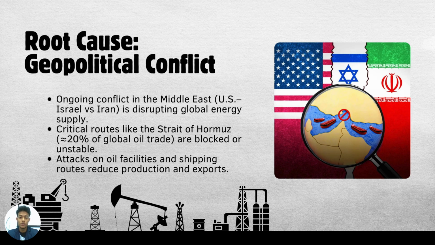When this route becomes unstable or unsafe, oil supply is affected. In addition, attacks on oil facilities and shipping routes reduce production and exports. Overall, conflict leads to a global oil supply shock, meaning there is less oil available in the market.